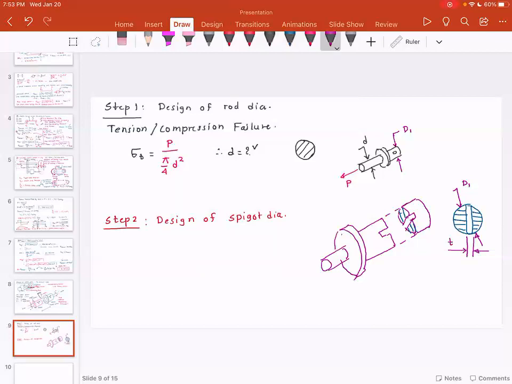So what we have is a failure area wherein you have the area of the circle, but you have to subtract the area of the hole.